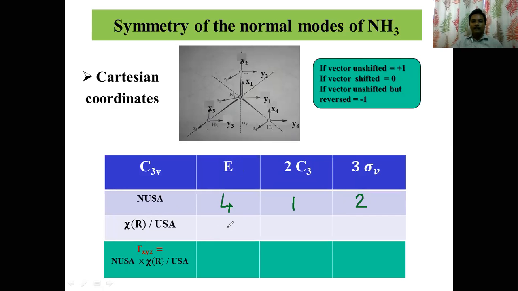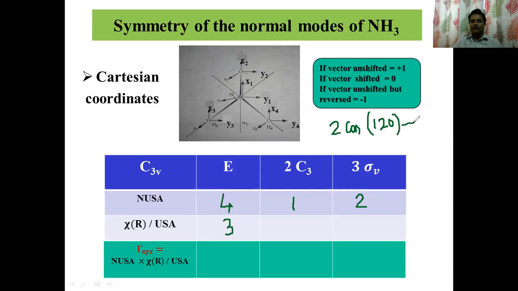For identity, of course, for the 3 Cartesian coordinates, it is going to be 3 because they do not change, right? Now for C3, what should be the character? You simply recall that the character for a rotational axis is going to be twice cos theta. Theta is the angle here, which is going to be 120 degrees, right?